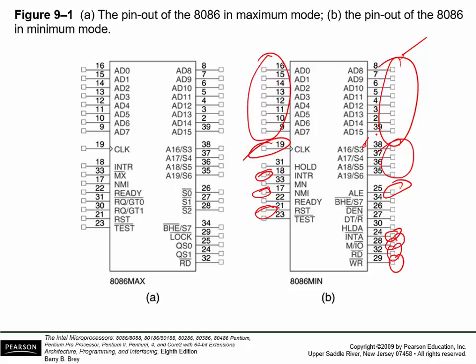They don't bring out S0, 1, and 2, but those pins in the min mode, I'm not going to talk about those. So I'm just going to stick only with the min mode. There are some extra functionalities in the max mode. Since this is an introduction to the microprocessor, I just want to keep it to the basics.